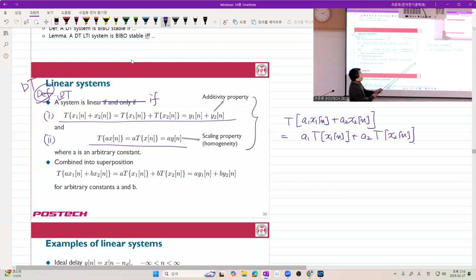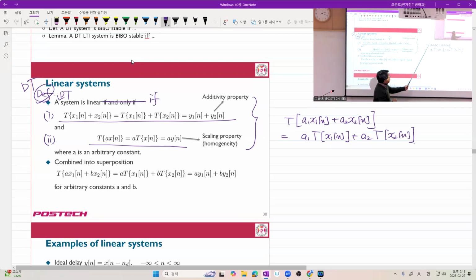Here again, the argument of this mapping rule named T, capital T. Here capital means capital letter T. Some people, if you take some courses on YouTube or if you go abroad to study, then professors will say "cap T," which means capitalized T. Anyway, you must understand this square bracket can be just replaced by parentheses or curly brackets, anything.